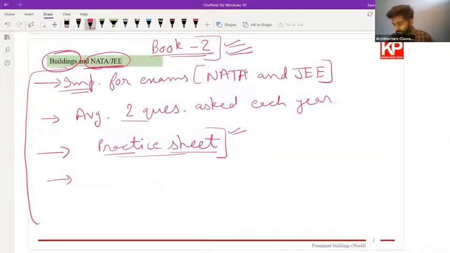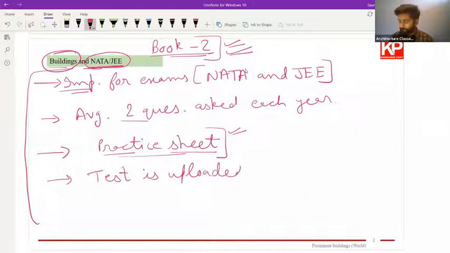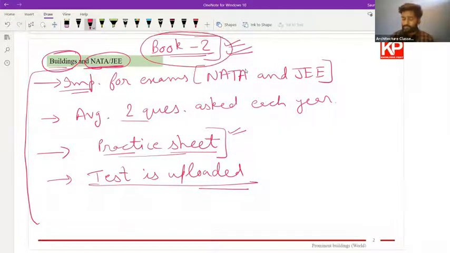Also, a test is uploaded. The sequence that I suggest you follow is that first, try to be attentive in this class. Whatever content I teach you, try to take quick notes. Also, what kind of notes you should take, I'll tell you that also. After that, go through the study material, that is book 2.